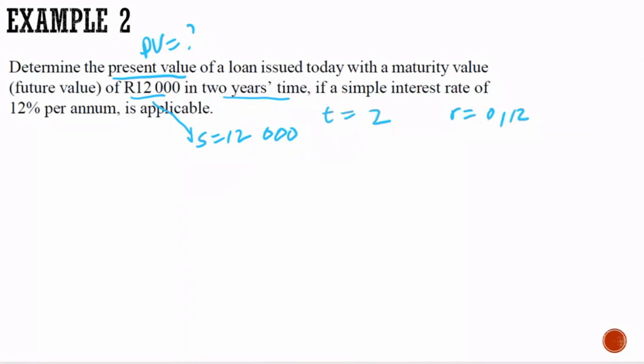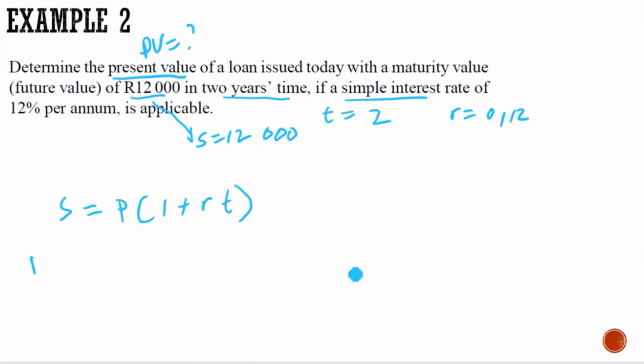So what we are doing here is to decontextualize everything. Okay, so let us write our formula. Remember our formula, you've got S is equal to P into 1 plus RT. Why are you choosing this formula? You are choosing this formula because you are guided by the keyword of simple interest. So your S is what has been given to you.